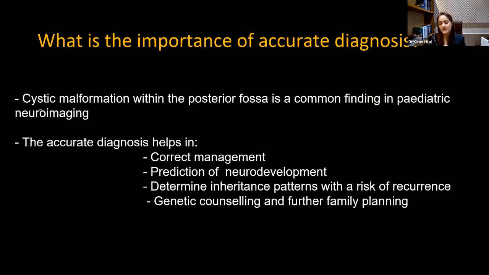It is needed for the prediction of the neurodevelopment of these children, and it determines the inheritance pattern with the risk of recurrence. And last but not least, it is very, very important for the geneticist to do, according to the cyst, the counseling for further family planning and for the rest of the siblings.